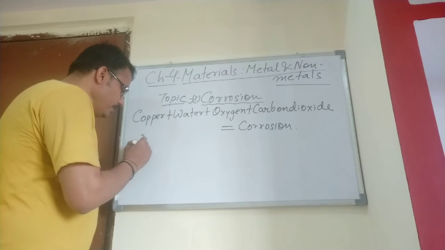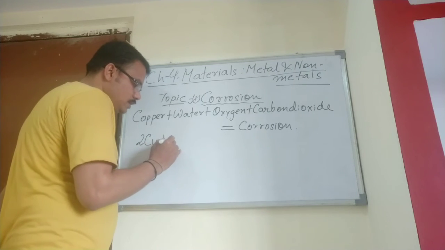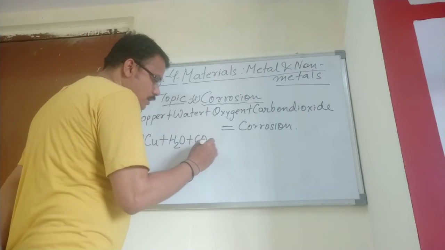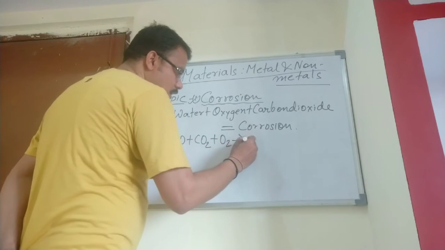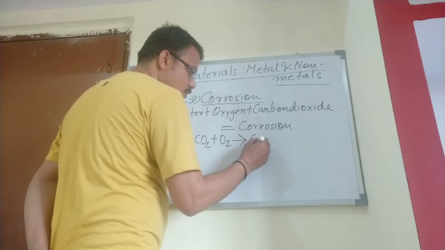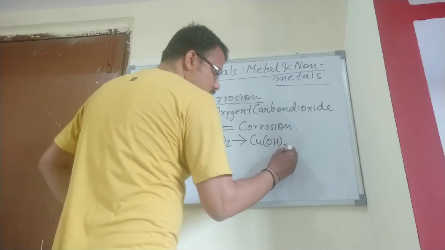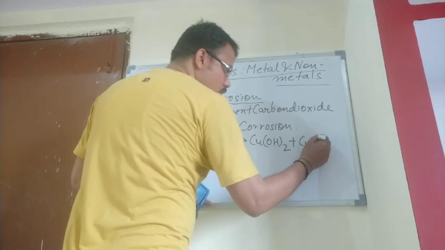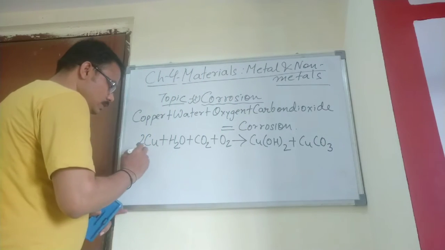So when copper reacts with water plus carbon dioxide plus oxygen, it forms copper hydroxide and copper carbonate.